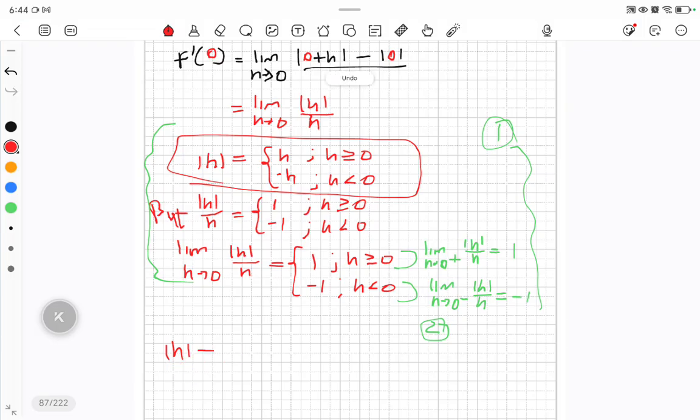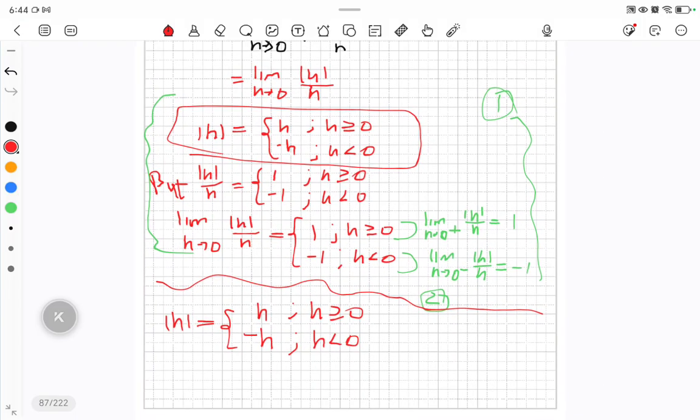I always prefer that we start by the absolute value of h: h and minus h, when h is greater than or equal to 0, and when h is less than 0. You see?